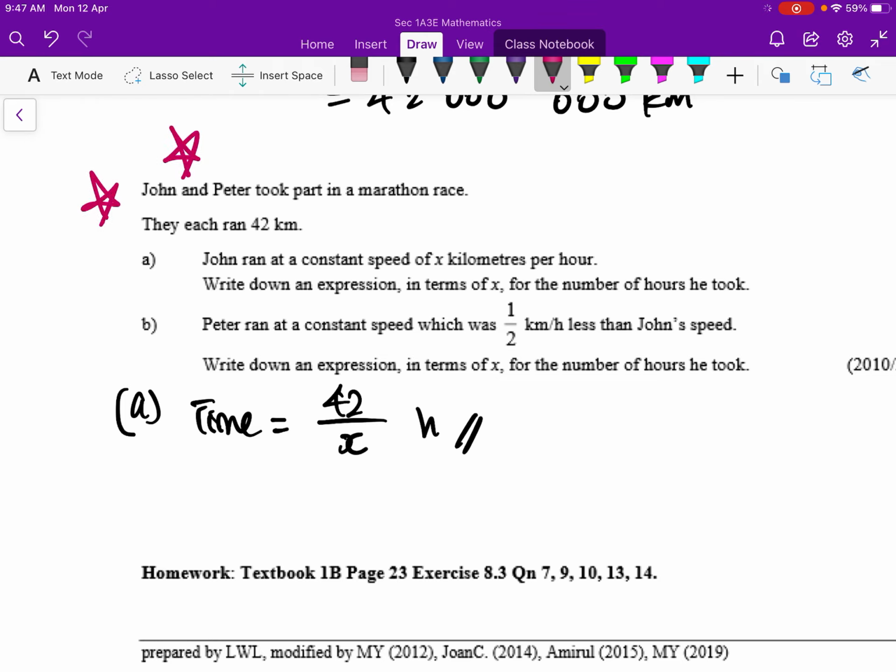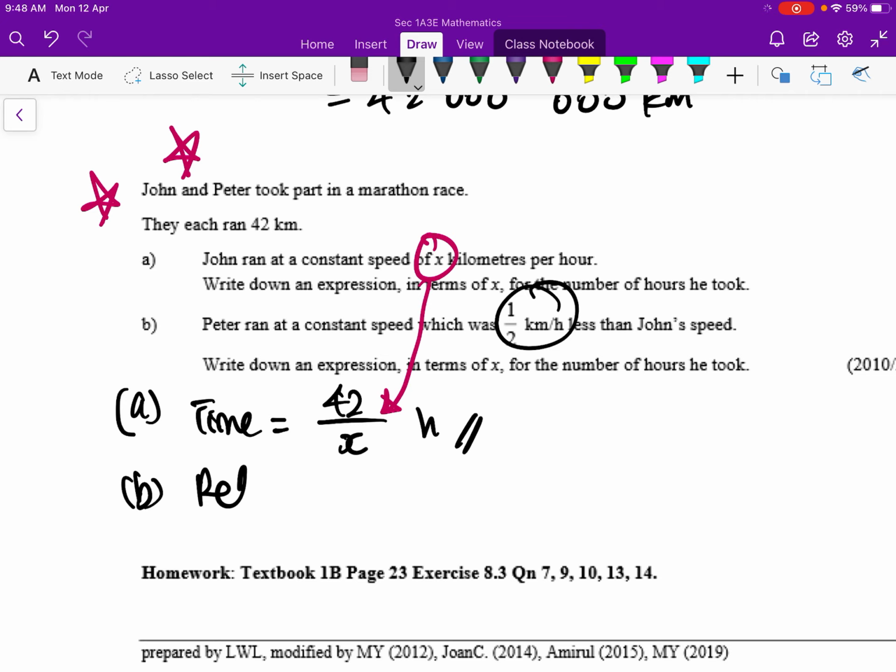This is another popular type of question where they do not give you the actual speed, they give you x. So you have to be comfortable with using algebra, just put it inside. And that is the answer. So this is the number of hours that John took. And then we have Peter. Peter, he ran at a constant speed, which was half a kilometer per hour less.